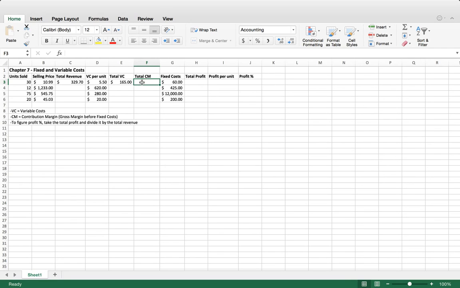All we need to do is subtract the variable costs of the 165 from the total revenue, and that'll get us the contribution margin of $164.70.